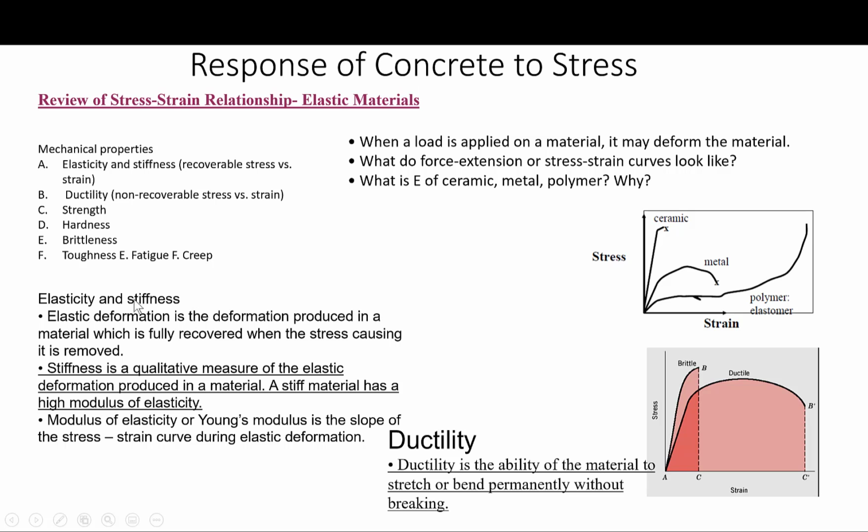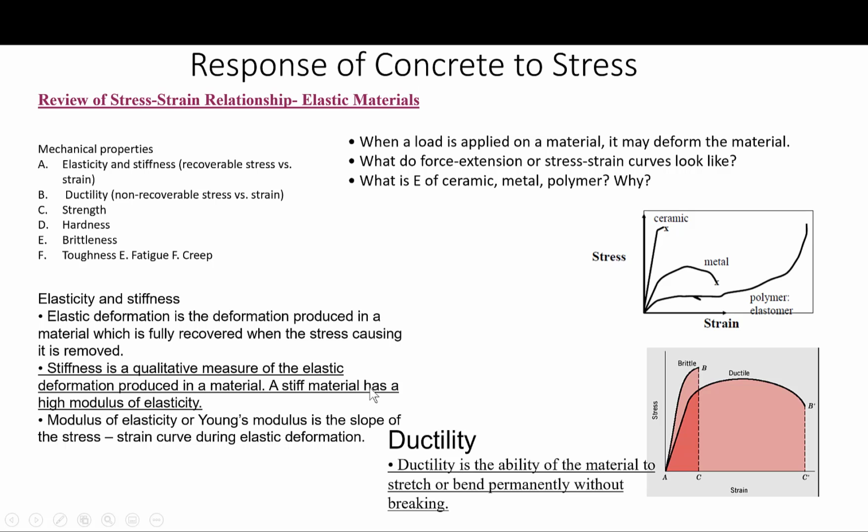So the elasticity and stiffness, what are they? The elastic deformation is the deformation produced in a material which is fully recovered when the stress causing it is removed, as we saw in the previous slide. Stiffness is a qualitative measure of the elastic deformation produced in a material.